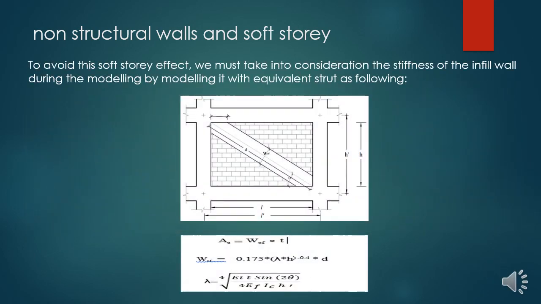Actually, to avoid this soft story effect, we must take into consideration the stiffness of the infill wall during the modeling, by modeling it with the equivalent strut as follows.